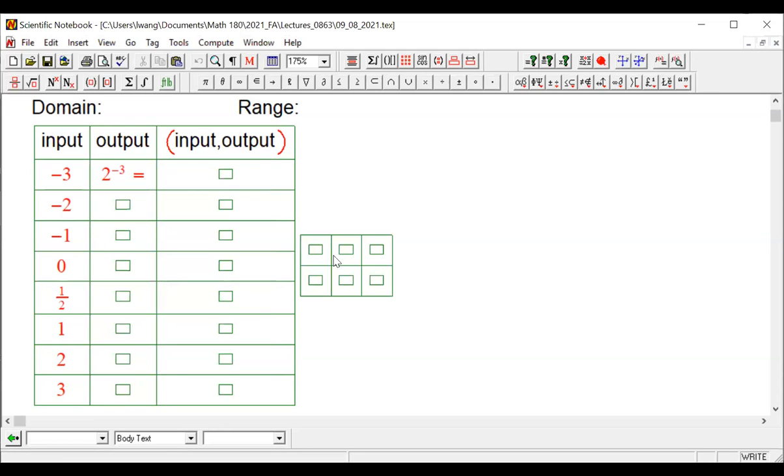Okay, we need you to be able to do this. b raised to the power of -n is equal to 1 over b to the power of n.